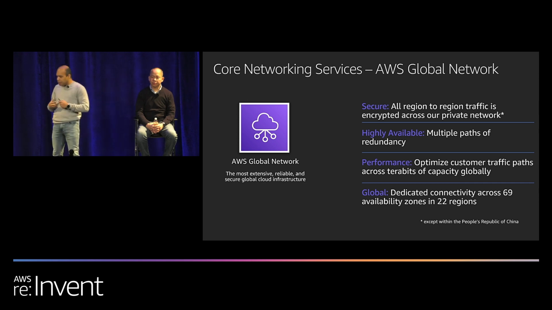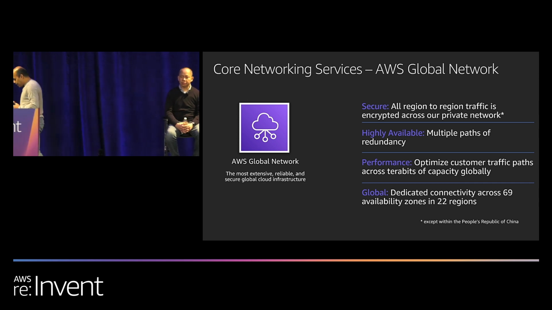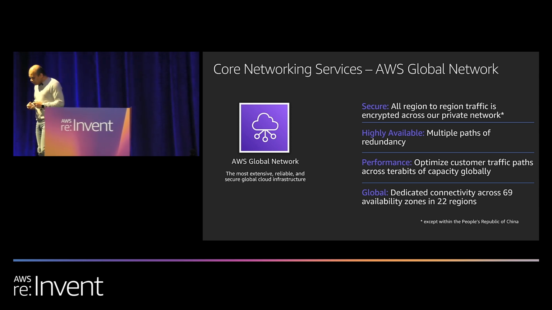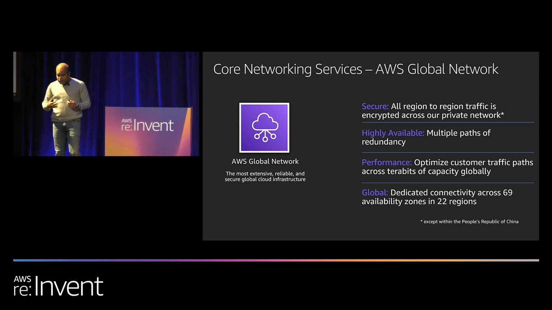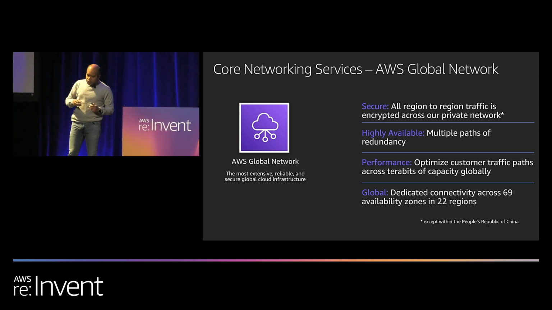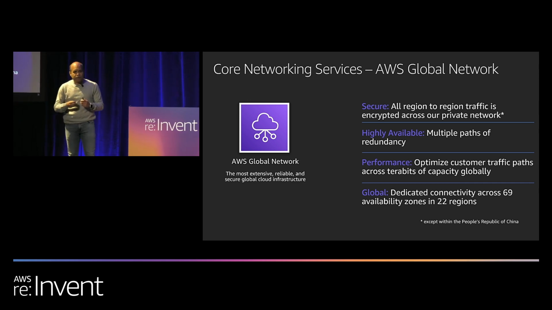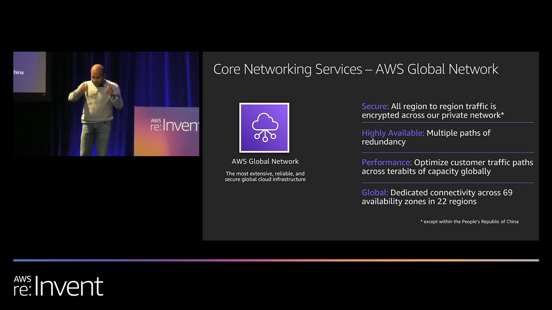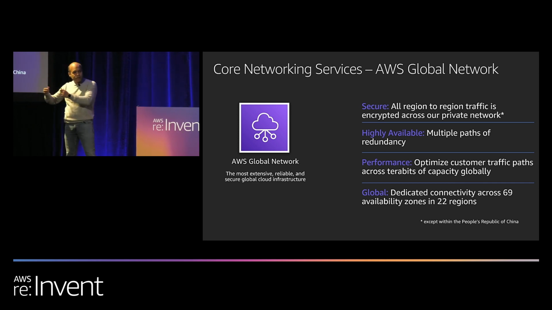However, when we actually build out our global network, our philosophy of availability is deeply rooted in a philosophy of isolation. So when we build out a region, we build out these physically segregated availability zones, and we take a lot of pains to ensure that failure does not permeate between the availability zones.